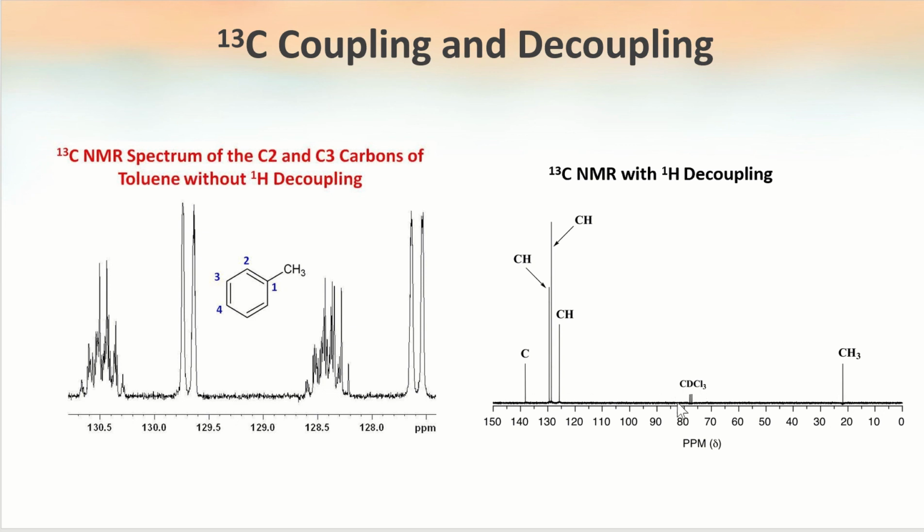And of course, we have our deuterated chloroform here at 77 that we mentioned. That's our solvent. And we have our methyl here, and we have our aromatic. So our methyl carbons are in this region, and our aromatic carbons are in this region here.